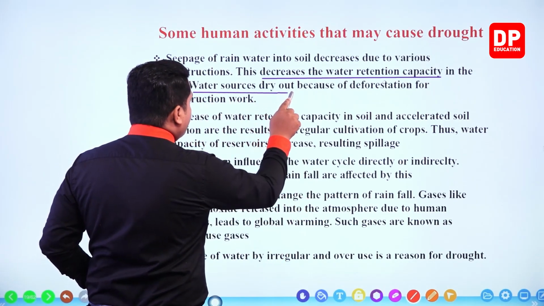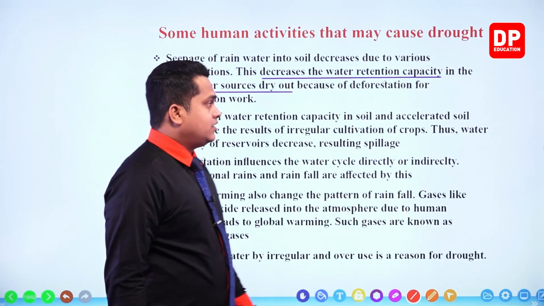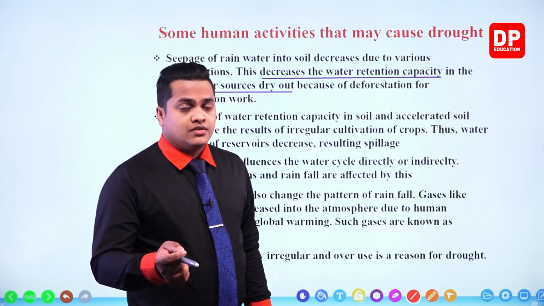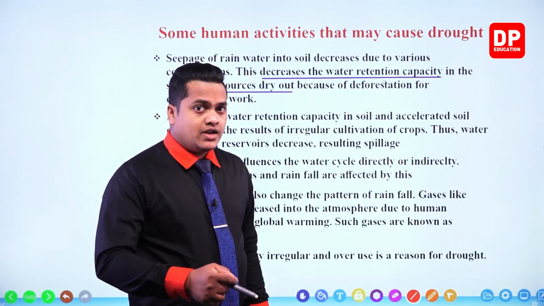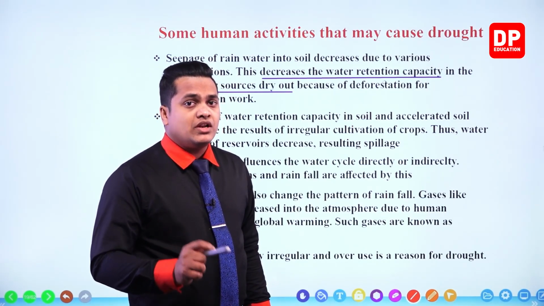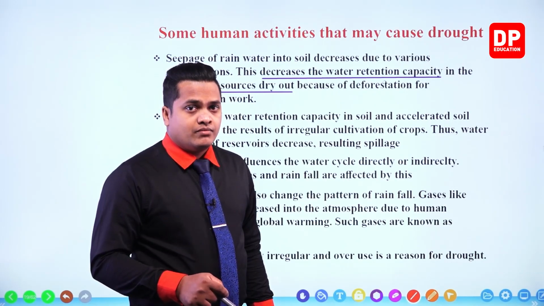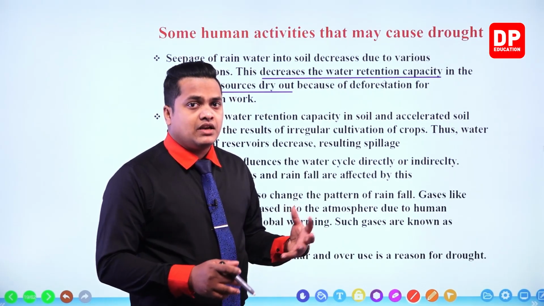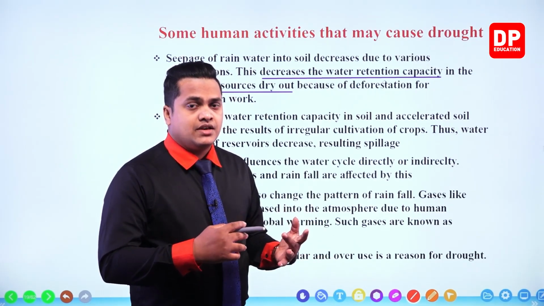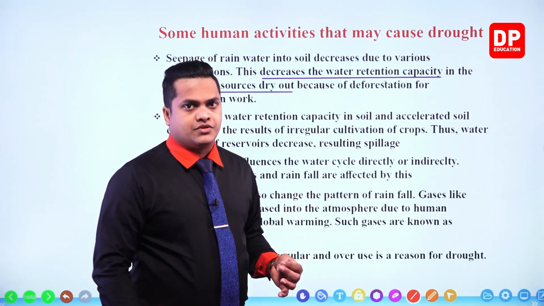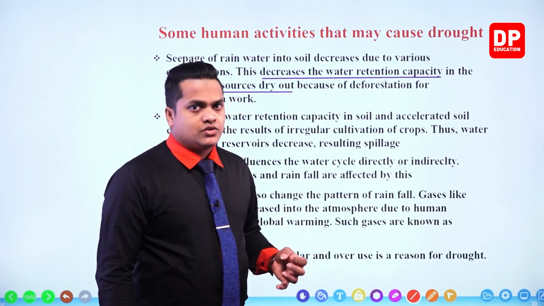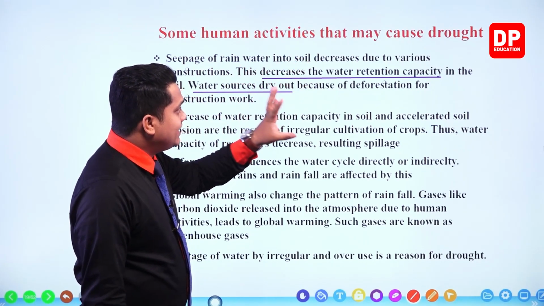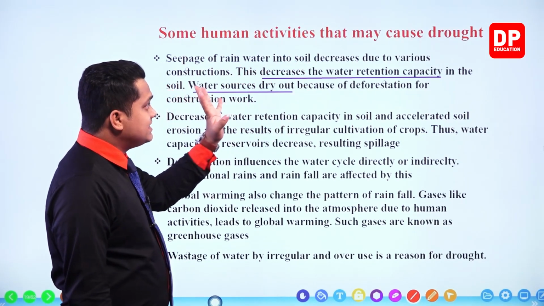Water sources will dry out, like springs, and also canals and streams. Because if no water is retained in the soil, definitely streams, canals and tanks may dry out. So seepage of rainwater into soil decreases due to various constructions.